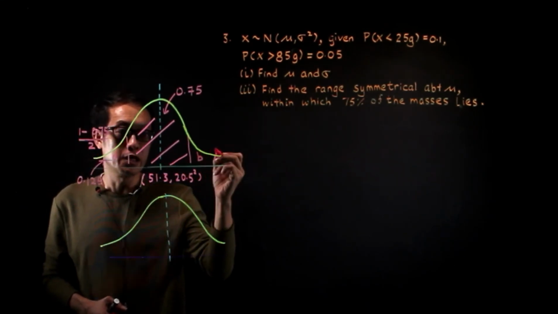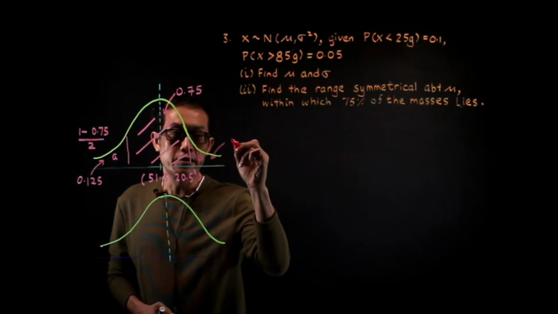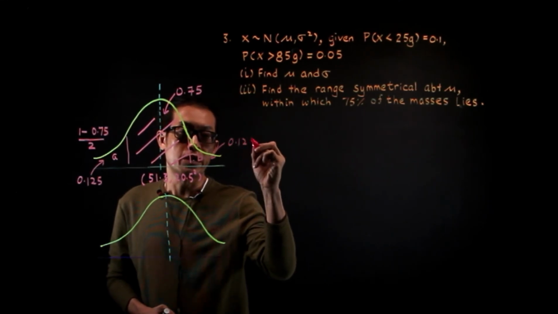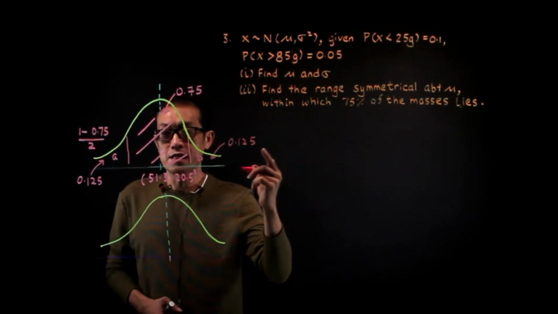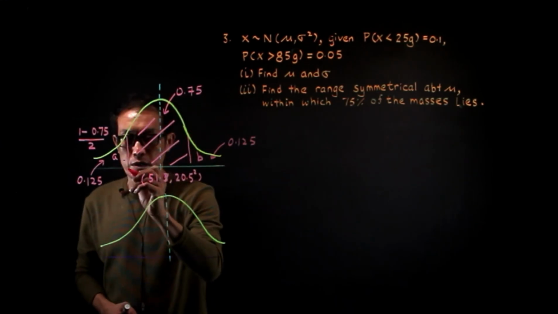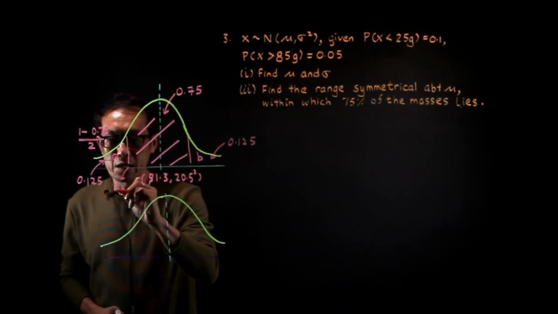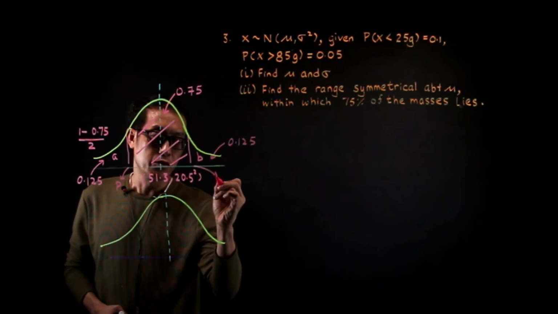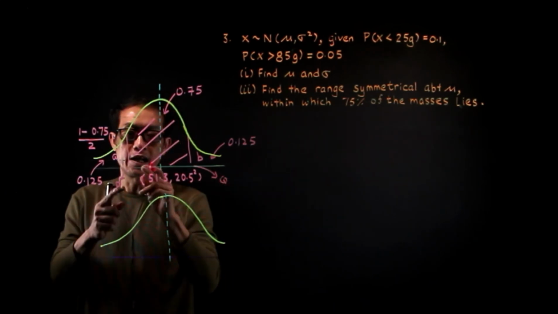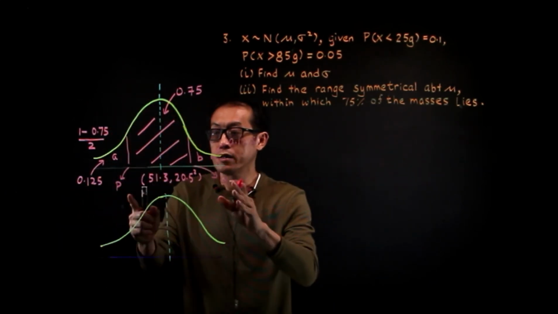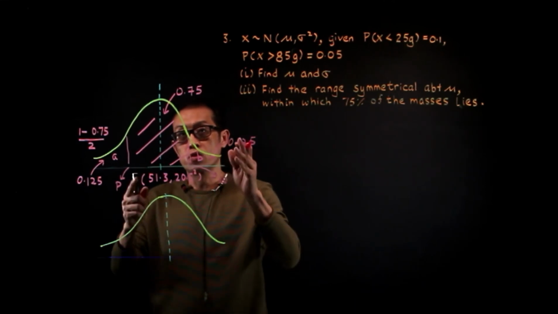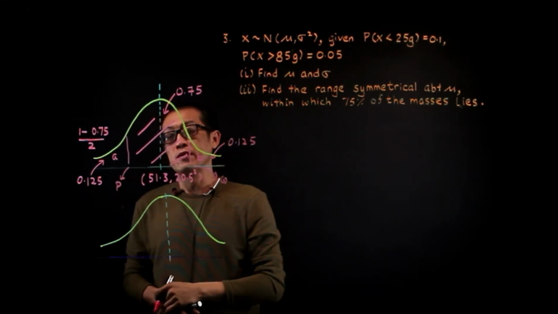Since it's symmetrical, so is this area, 0.125. Now they are asking for these two values. Maybe I put it P and this value Q. And X must lie between P and Q, so that this is 0.75.